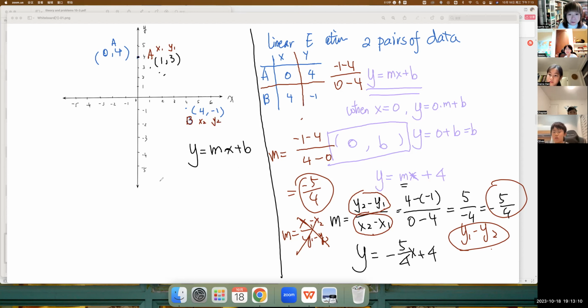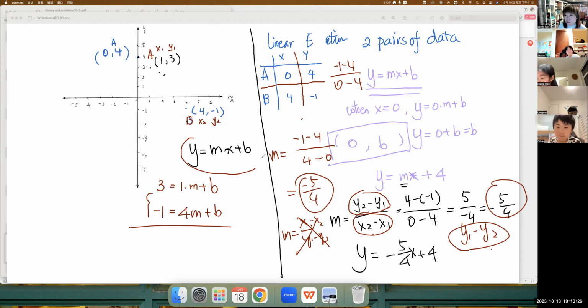So that means 3 = 1m + b, correct? And the second one is -1 = 4m + b. So just plug them in, but first you have to write this down, okay?